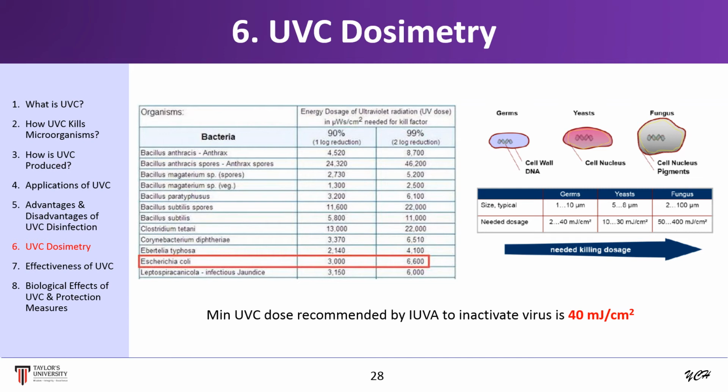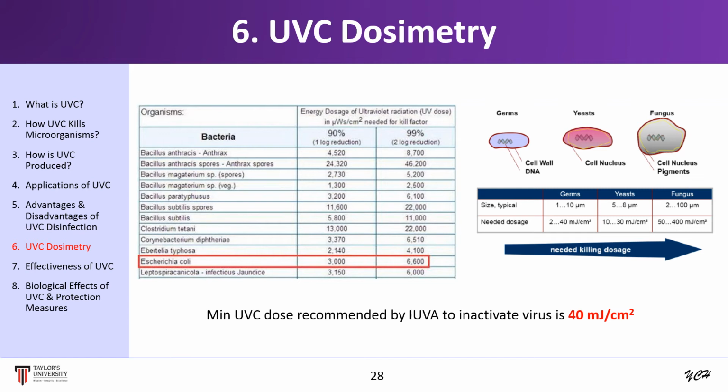There are other guidelines from the International UV Association. It gives a summary that germs need minimum doses of 2 to 40 millijoule per cm square. For yeast, we need at least 30 millijoule per cm square, and for fungus, we need higher doses, which is 50 to 400 millijoule per cm square.